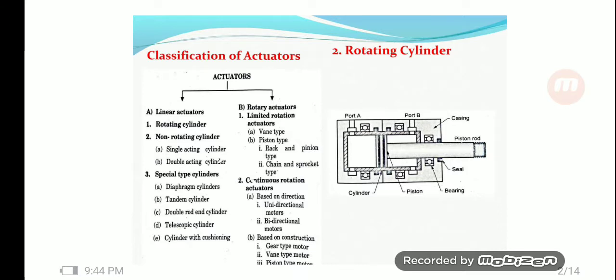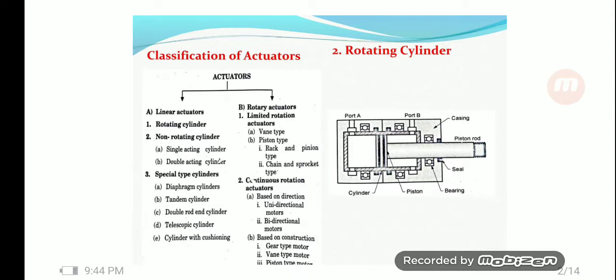Another type of actuator is rotary actuators, which are subclassified into two main categories: limited rotation and continuous rotation actuators. Limited rotation actuators are subcategorized into two parts: vane type and piston type.